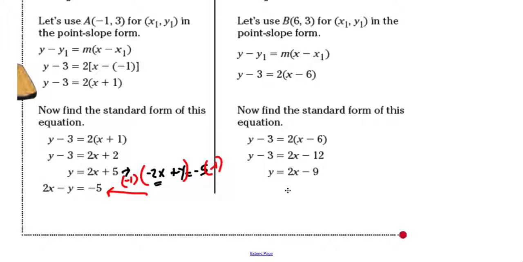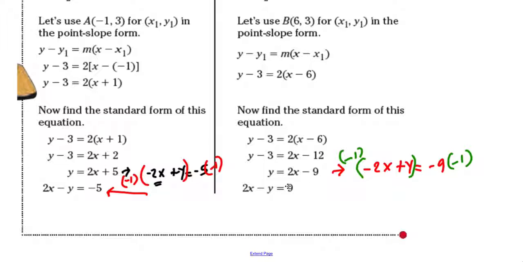Then subtract 2x from both sides and multiply by negative 1. You end up with negative 2x plus y equals negative 9, and then you multiply both sides by negative 1, and this is what you get: 2x minus y equals 9.